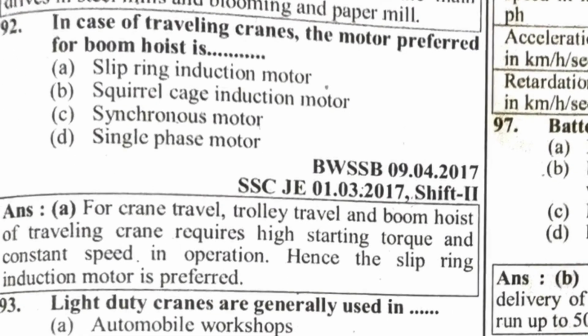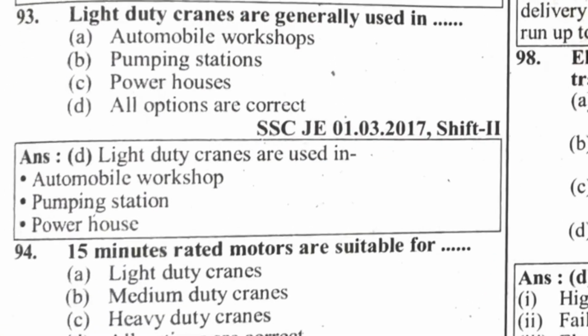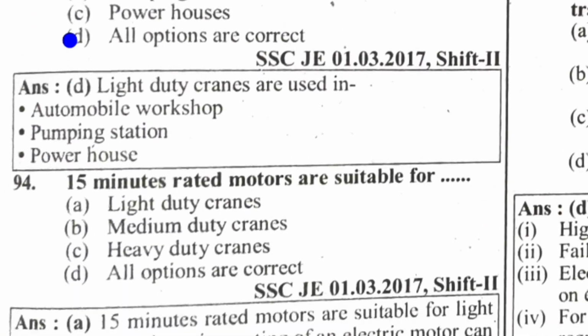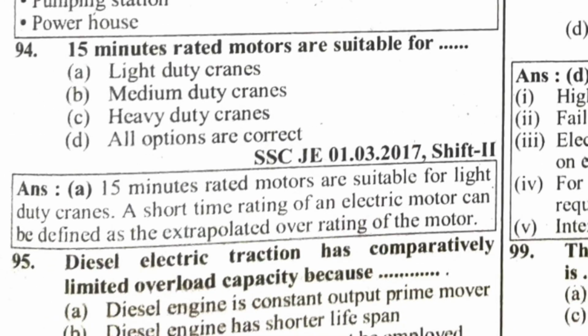In case of a travelling crane, the motor preferred for boom hoist is a slip-ring induction motor. Light-duty cranes are generally used in all. 15-minute rated motors are suitable for light duty cranes.